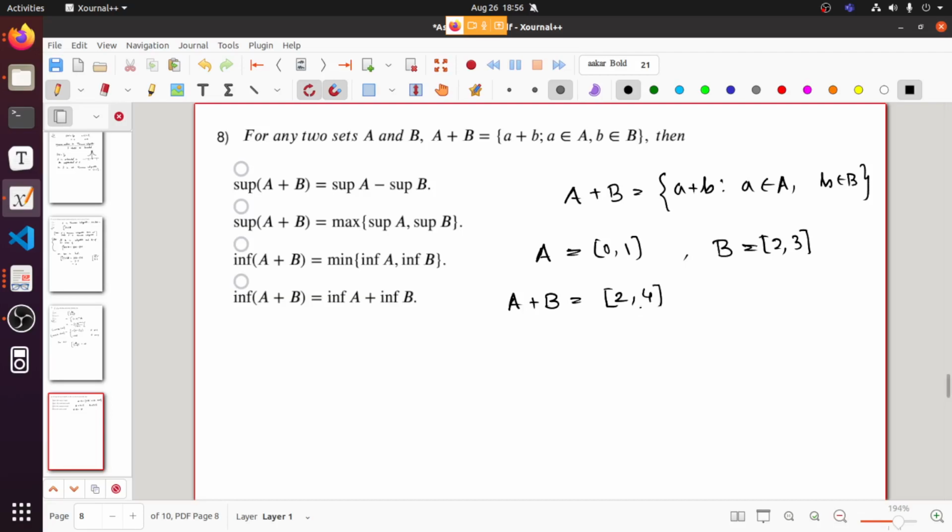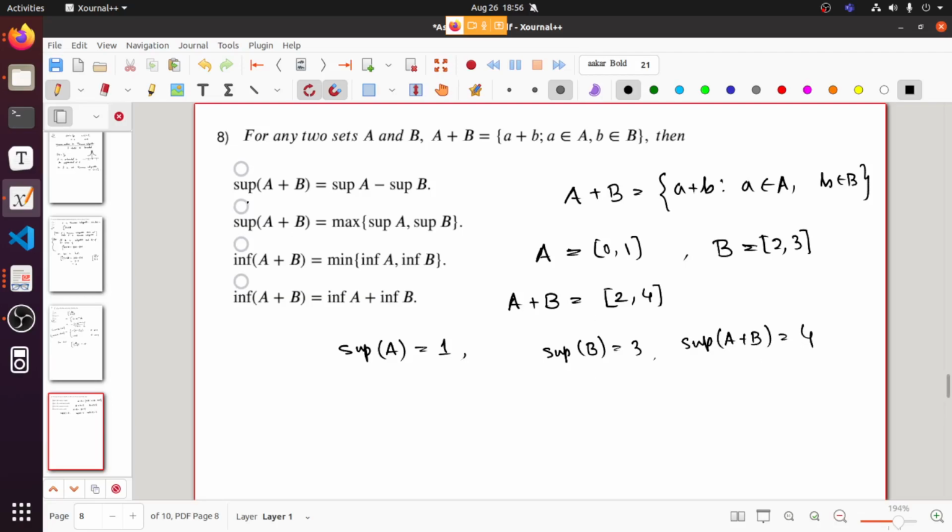So you will basically get this interval, and everything in between will be there. So A plus B will be [2, 4]. What will be the supremum of A? It's 1, right? The supremum of B is 3, and the supremum of A plus B is 4.